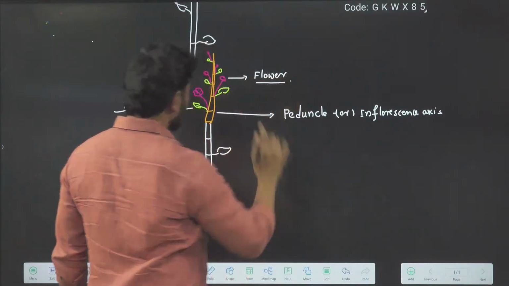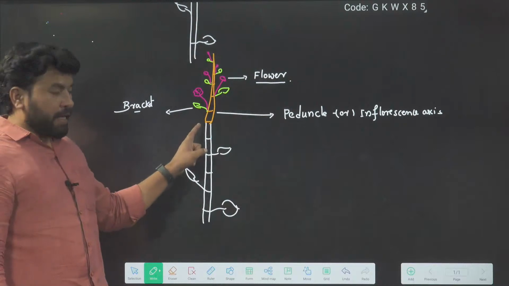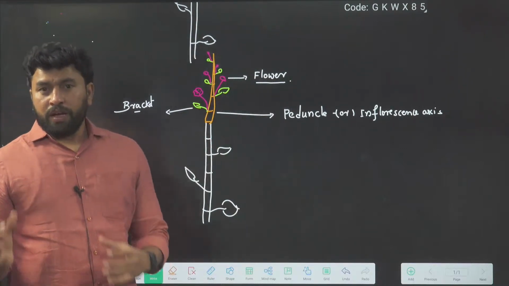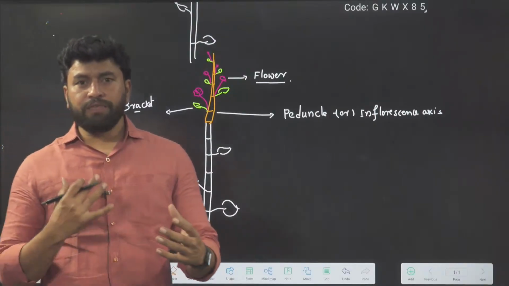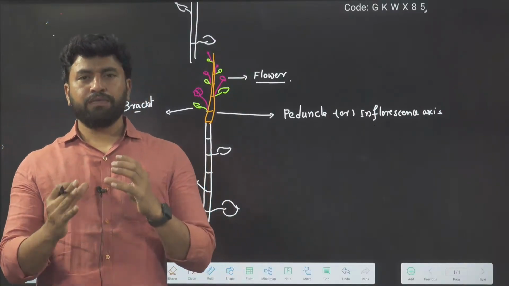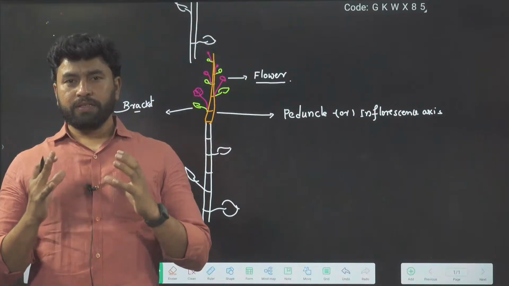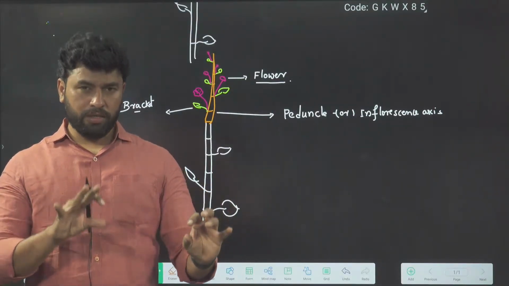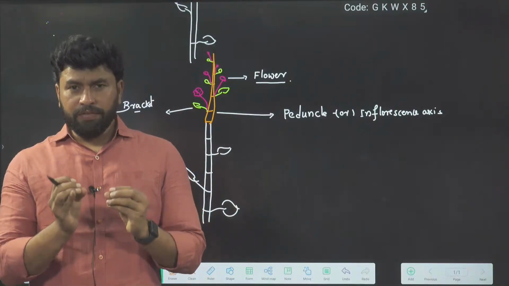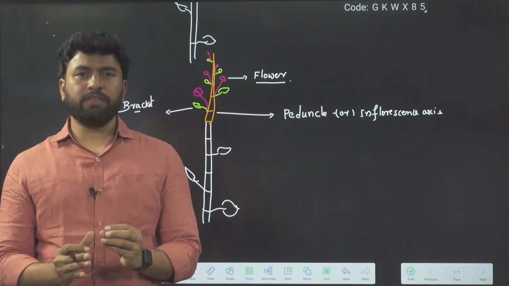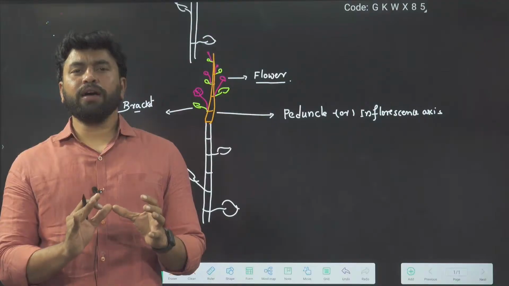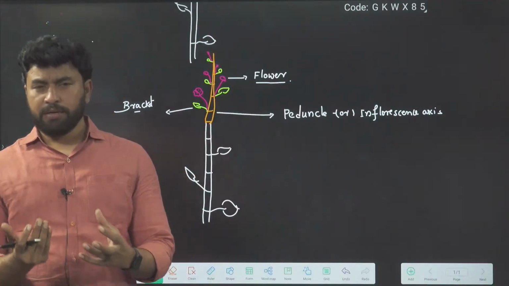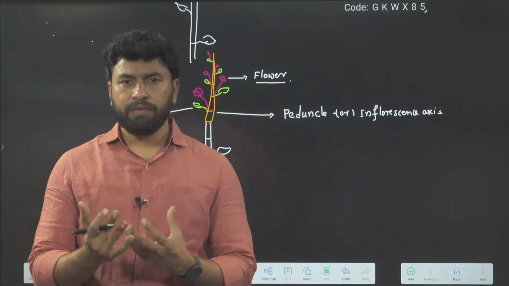Flower. See, peduncle, which is nothing but an inflorescence axis. The inflorescence axis is a modified shoot on which flowers are going to be developed. Since it is a modified shoot, it should possess nodes. On the node, there is a leaf. The leaf that is present on the surface of peduncle no longer possesses the work of photosynthesis. It may do photosynthesis, but actually is not meant for photosynthesis.